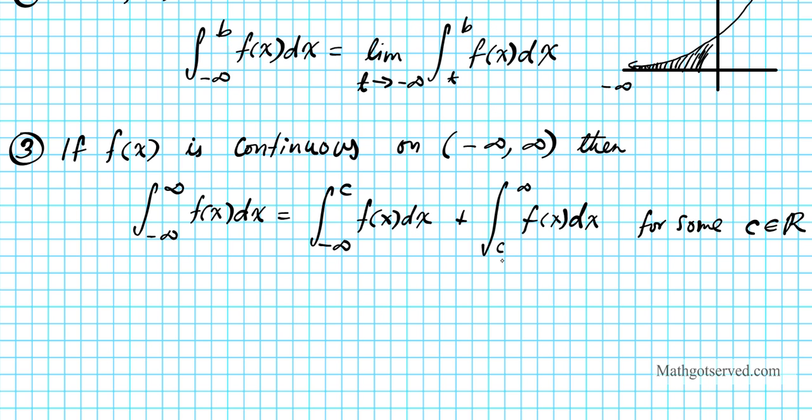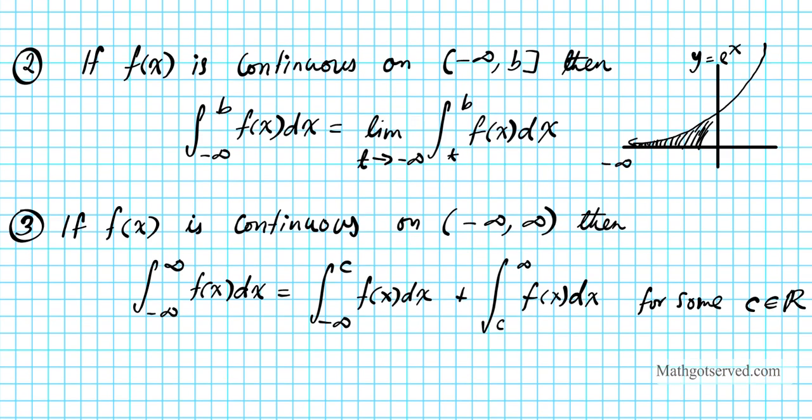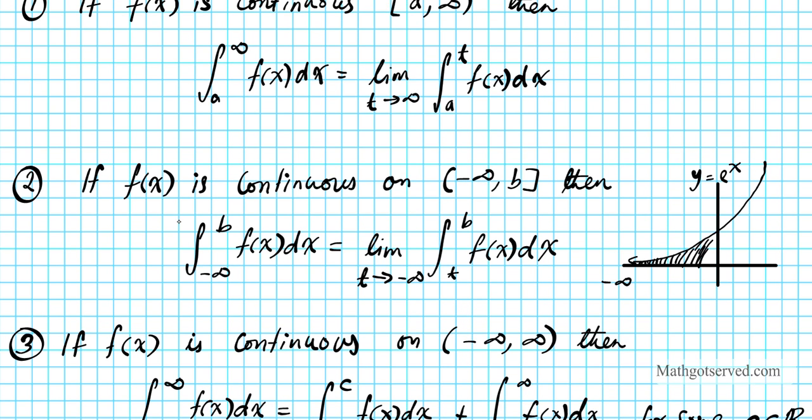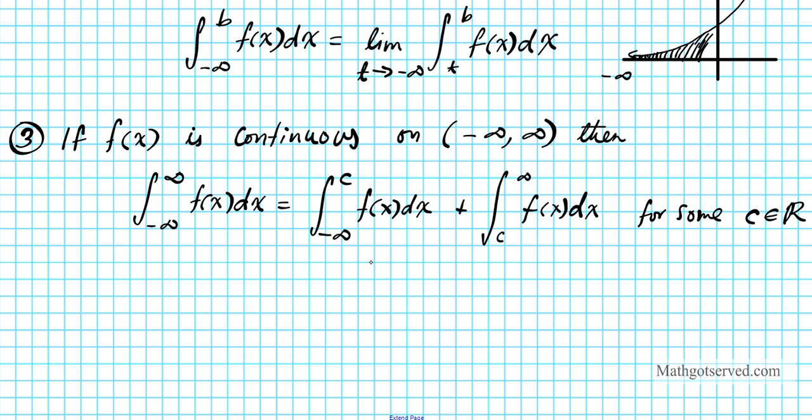Whenever you have an upper and lower limit at infinity, you break it up into a combination of case 1 and case 2.